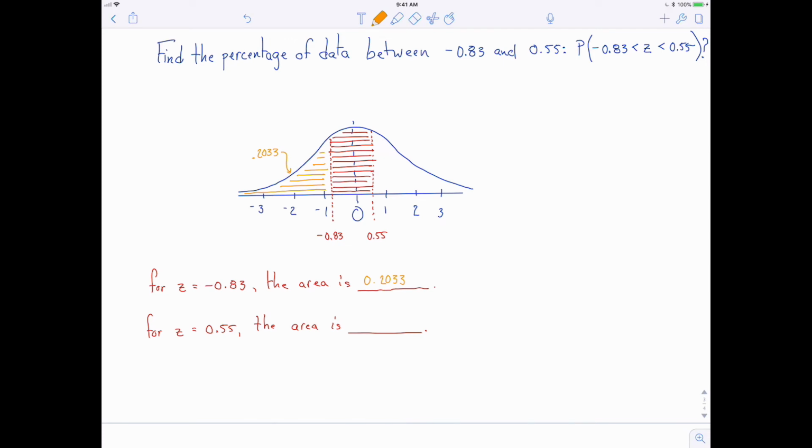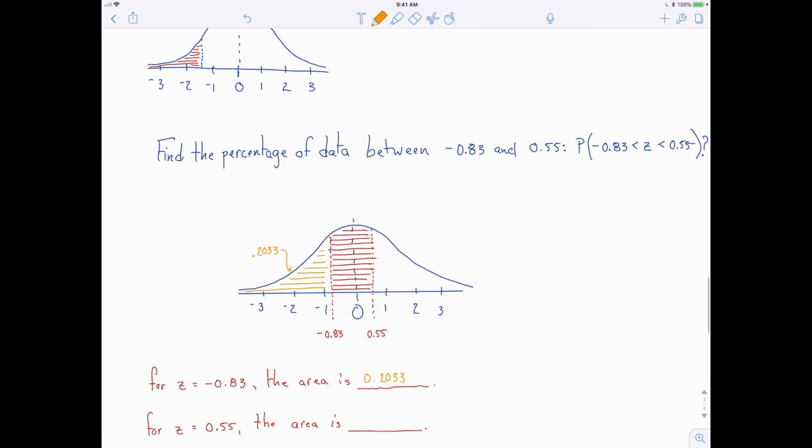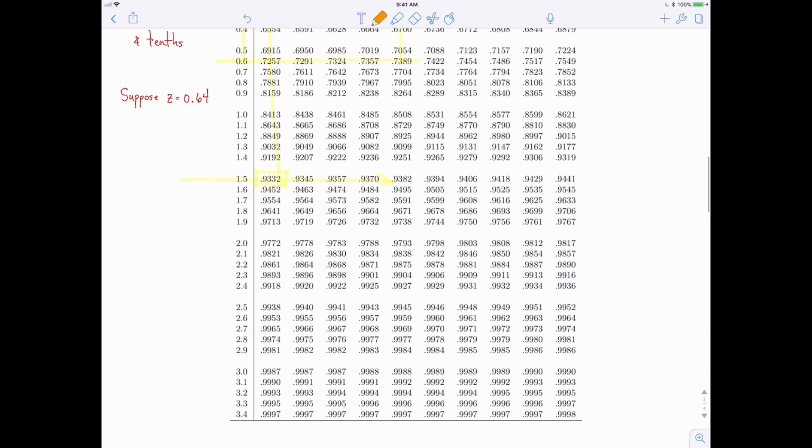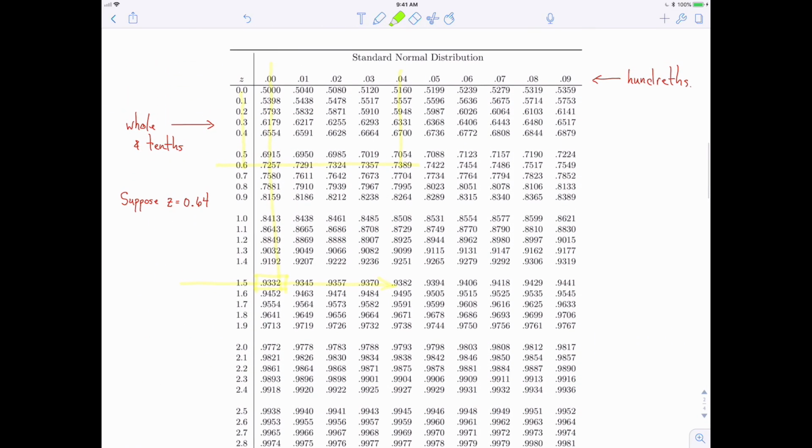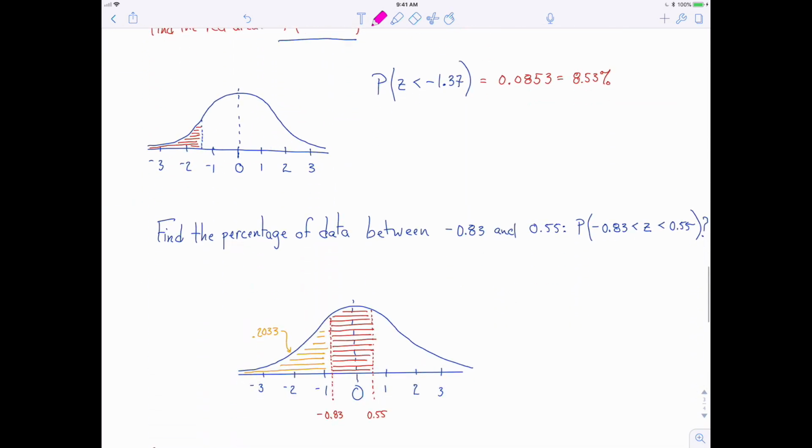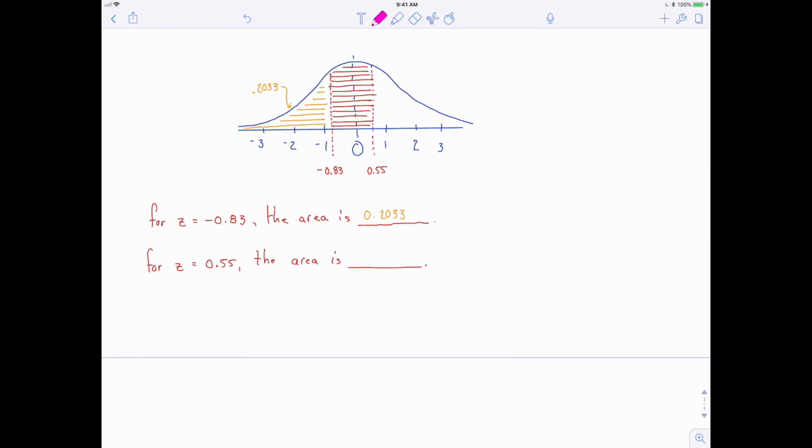So now let's look up the next one, 0.55. So here we go. 0.55. That's going to be, here's 0.5. That's my row, and then 0.05. So we have 0.7088. And we're going to go down with another color, so 0.7088.